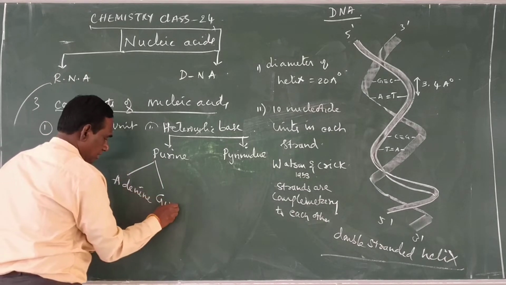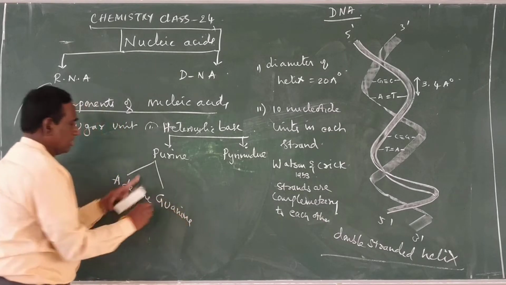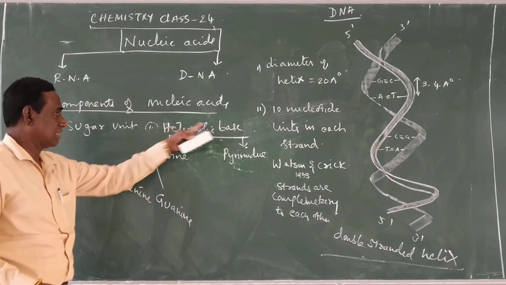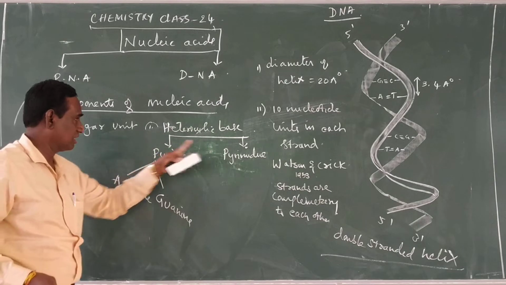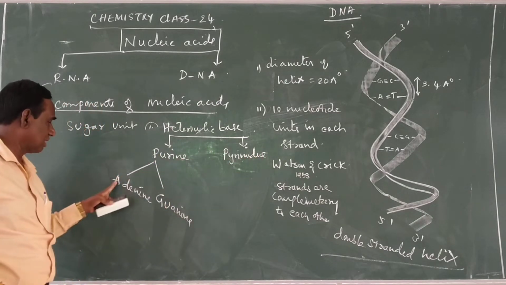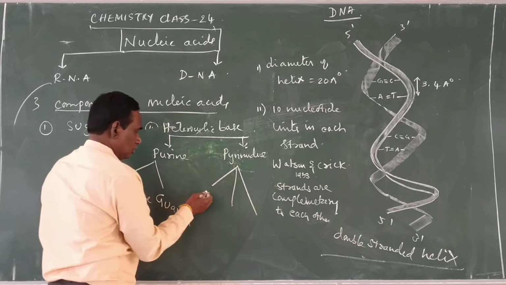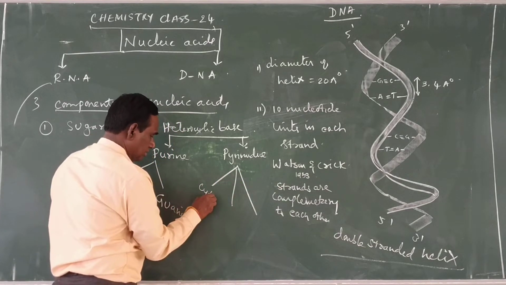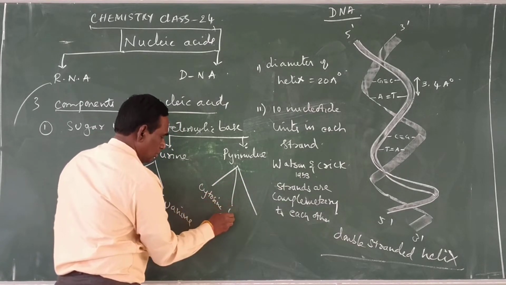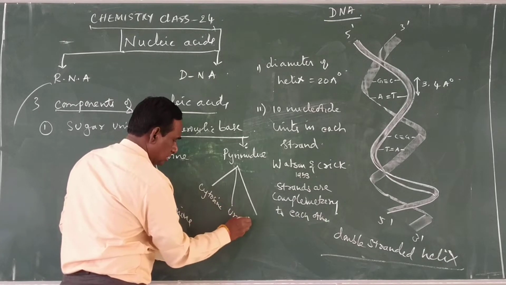There are two purine bases: adenine and guanine. And there are three pyrimidine bases: cytosine, uracil, and thymine.